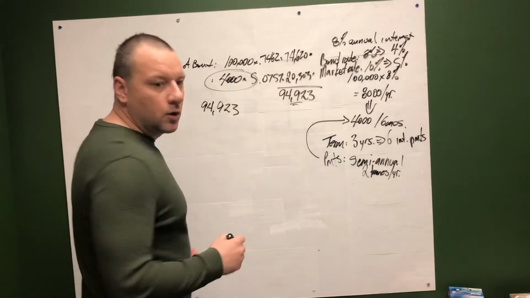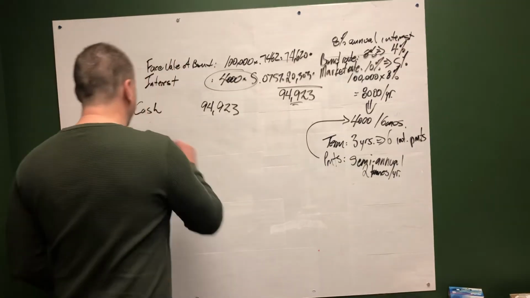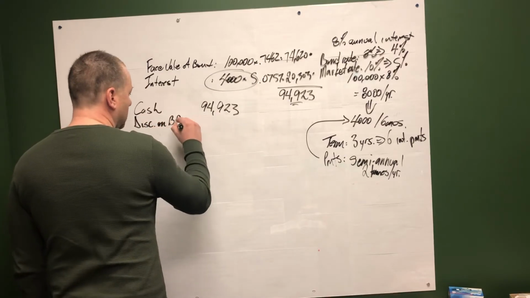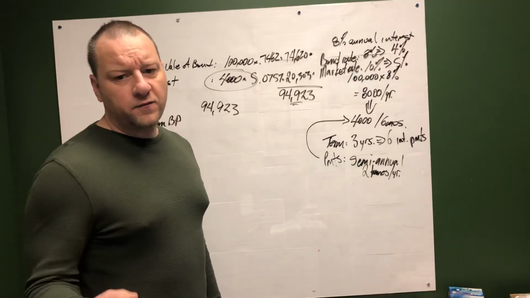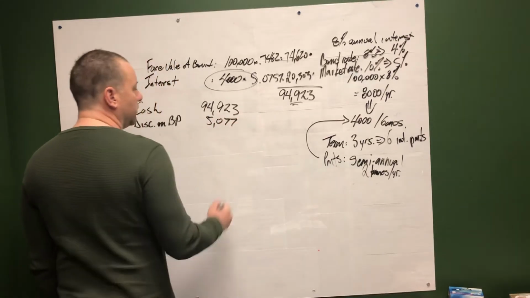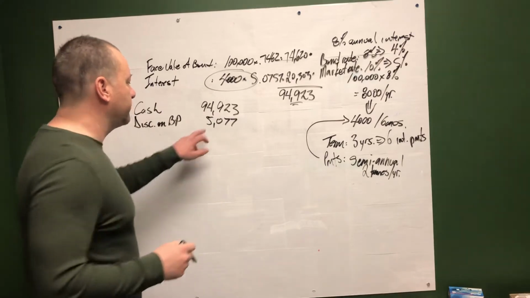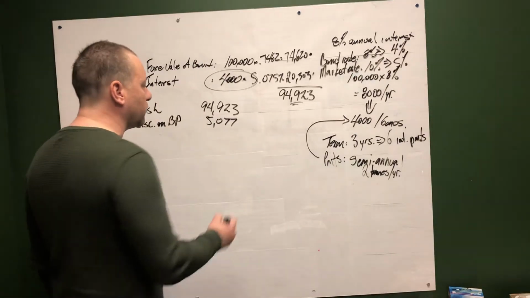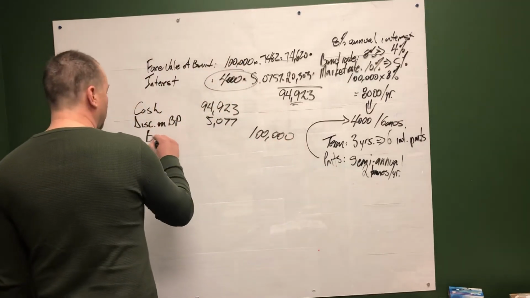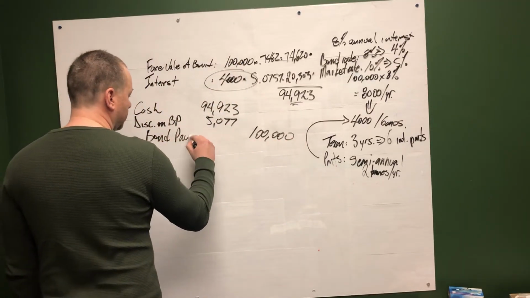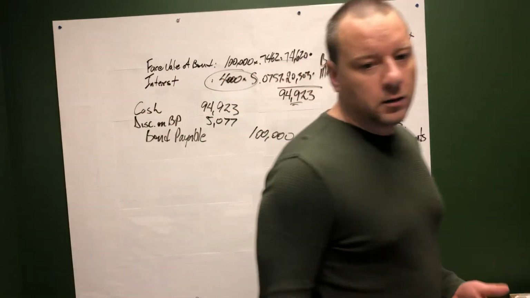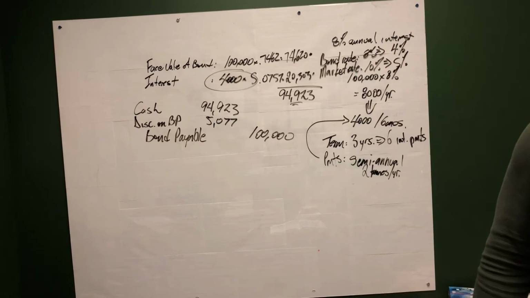We're going to debit our discount on bond payable for $5,077. Notice $94,923 plus $5,077 equals $100,000. That $100,000 is our bond payable. Okay, so that sets up our entry to record the issuance of the bond.